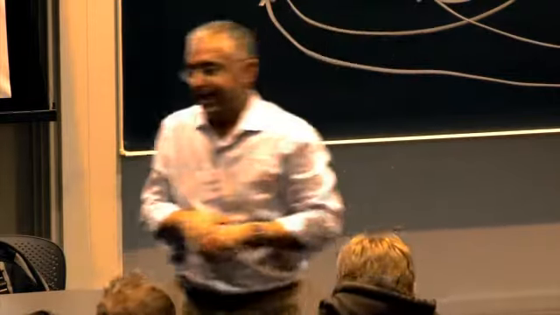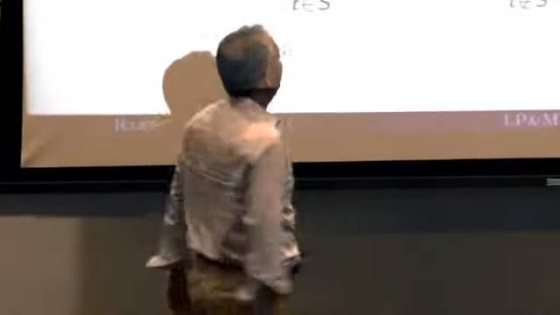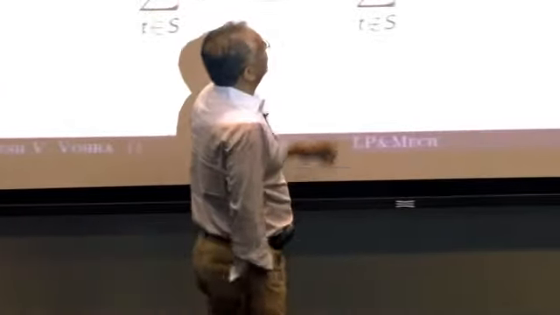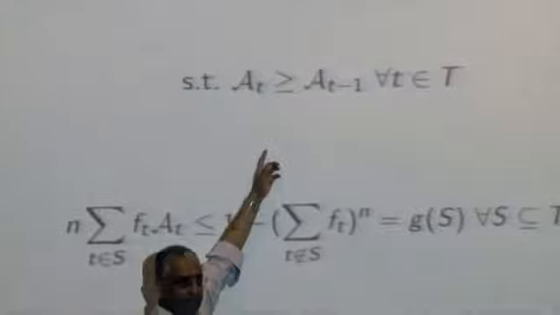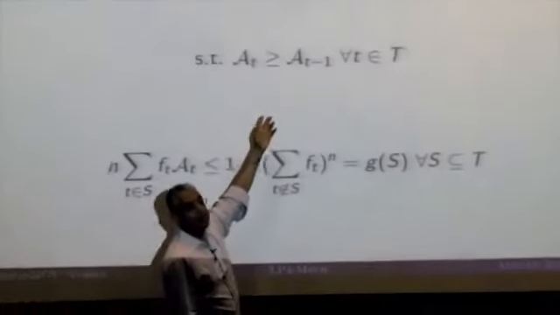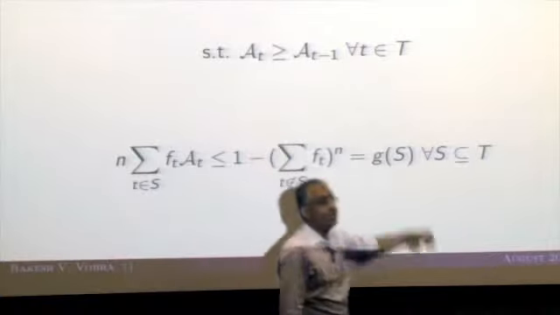Okay? Now, if you don't like that, something that people do, and I've never quite understood why this is exciting, but for completeness I should tell you: supposing these constraints are not redundant, that means at optimality some of them bind. Take these constraints up into the objective function with Lagrange multipliers.